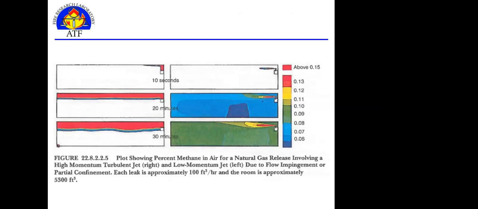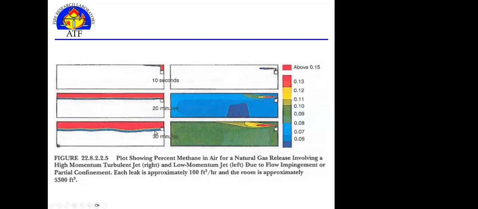So here's a plot, or a figure, out of 921 that shows how the mixing can play a role. On the left side, you've got a low momentum or low velocity leak that develops a defined layer at the ceiling level.